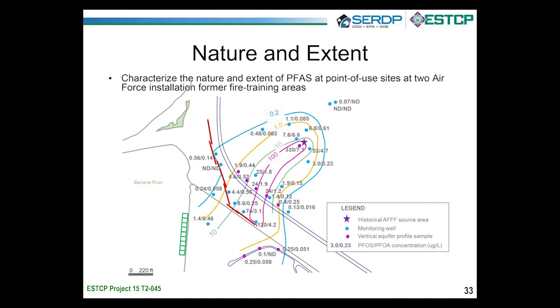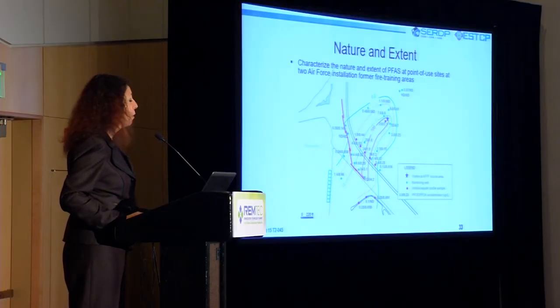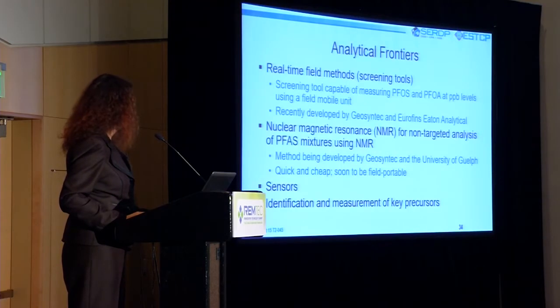But the good news is it is a fairly discrete plume, and high-resolution site characterization methods that work for TCE and other contaminants work well for PFAS, and we recommend that you rely on those types of approaches when you're doing field characterization.